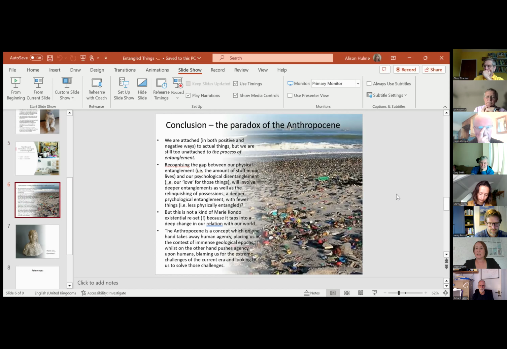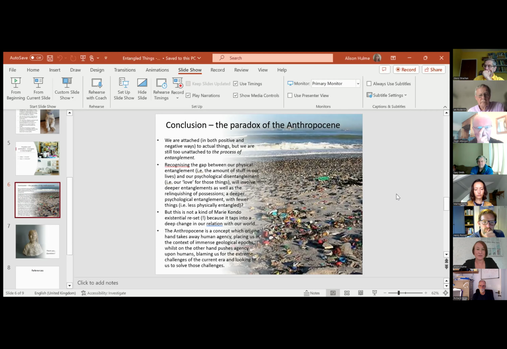So this is a conclusion, but I must admit it contains quite a lot of the body of the book, but it's sort of long, complicated ideas, so it's probably better done as part of a discussion. We are attached in both positive and negative ways to actual things, but we are still too unattached to the process of entanglement.